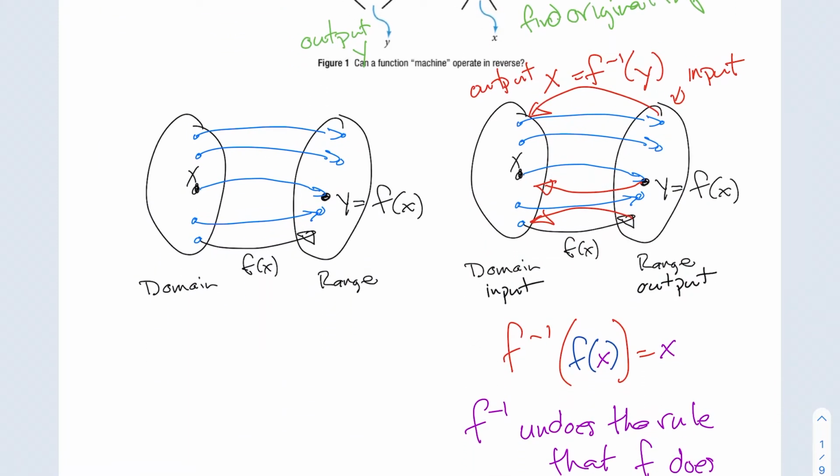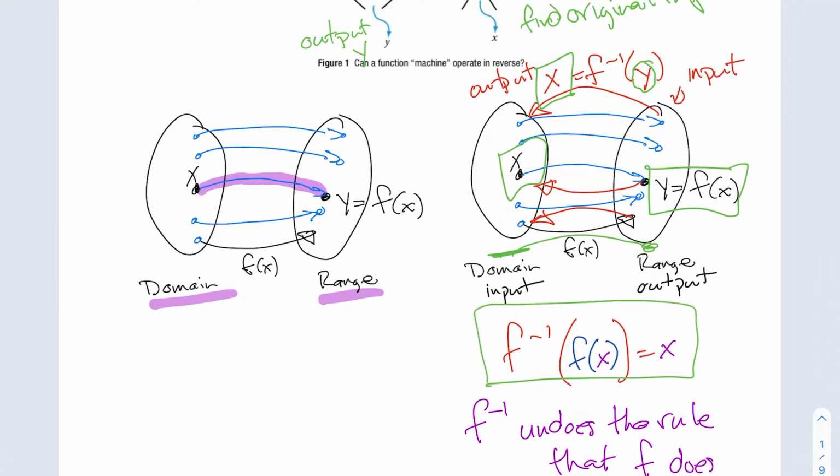Visually, like these diagrams we've been talking about in the past, if we have a function that takes from the domain to the range, it takes x over to f of x, then what you'd want in an inverse function is this: if I tell you the value that I got as an output, if I tell you I got out y, the inverse function should take that y as an input and reverse it and tell you x, which was the original x you started with.